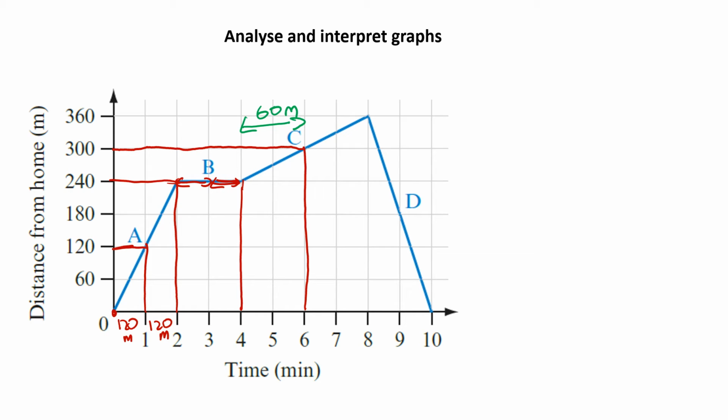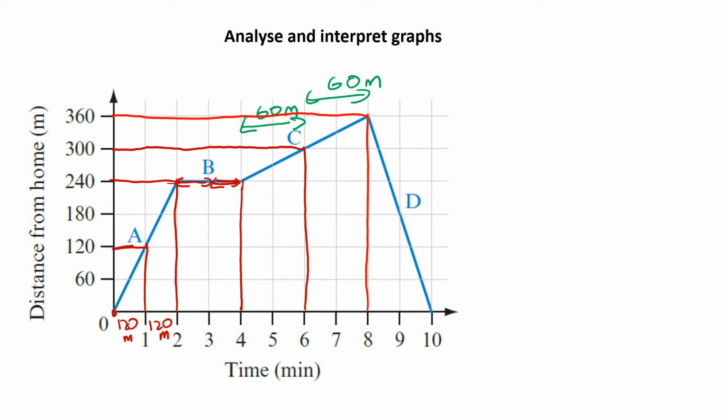And when I go from 6 minutes to 8 minutes, I can track across there, I've gone from 300 meters to 360 meters. So again, that's another increase of 60 meters.